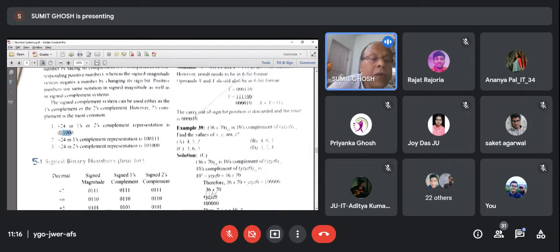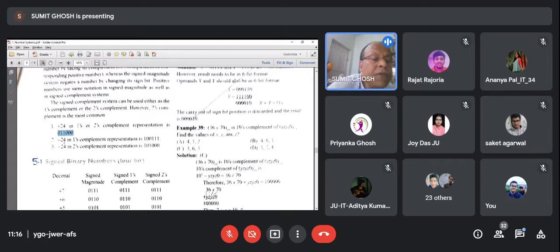So if now we write with a 0 on the left, that means plus 24. I can write in sign magnitude 24 as 0 for the sign bit and 11000. Yes or no?